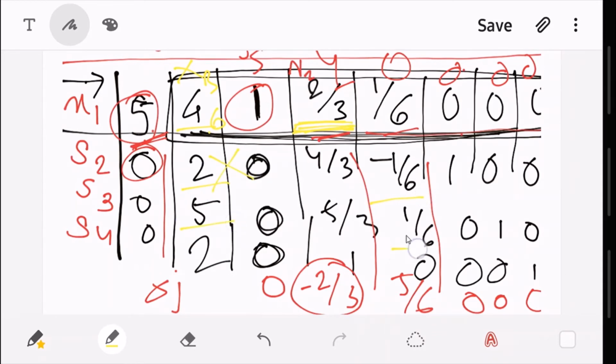Then it is 2 divided by 4 by 3 is 3 by 2. Then 5 divided by 5 by 3 is only 3 and this will be 2. So this is the minimum ratio, that is 1.5. So this will be my leaving variable.